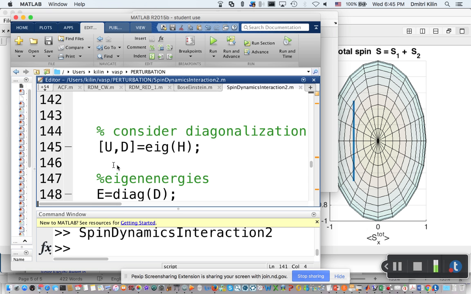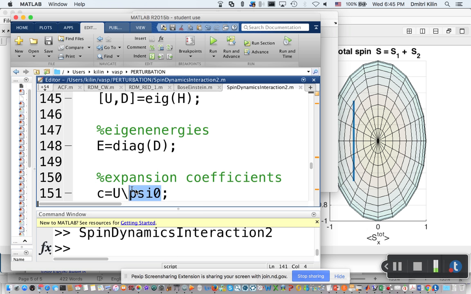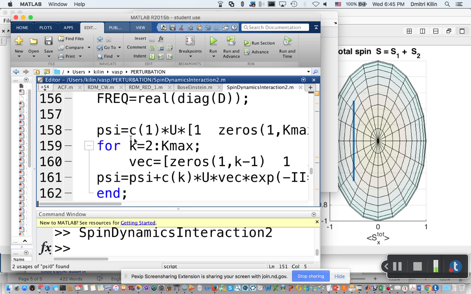Then the approach is standard. If your Hamiltonian doesn't depend on time, you diagonalize it and expand your initial state over eigenstates of the Hamiltonian, and then this C is the expansion coefficient. It is a scalar product of the initial state times the eigenstate, and it is used as a decomposition of the initial state over eigenstates.